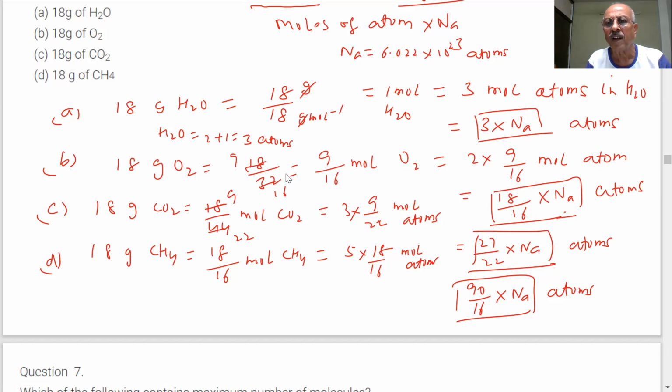This is 27 by 22. And 90 by 16 will be what? So Na is same in all the cases. Which has the highest value now in this? What is the answer coming then? Sir, 18 gram of CH4. Answer is D.